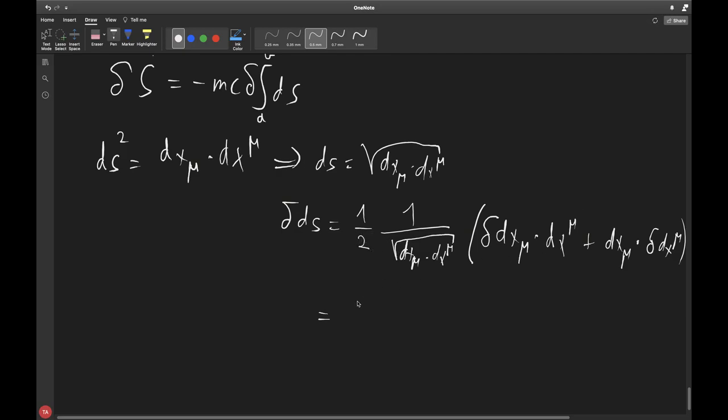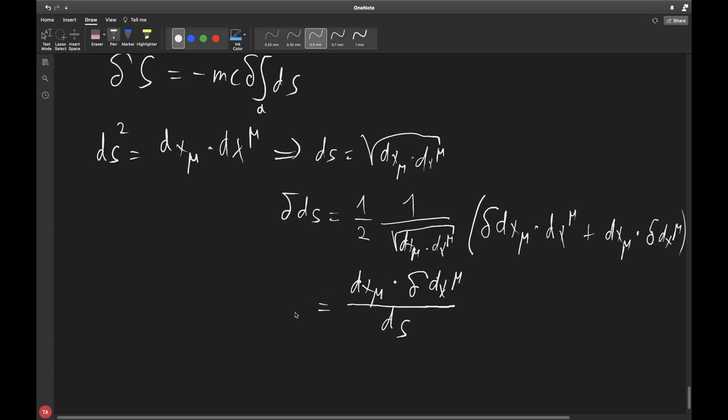So this leads to the dx mu times the delta of the dx mu up, and the denominator, the square root of that, is the definition of ds. So the variation of ds is dx mu times the variation of the dx mu divided by s itself.